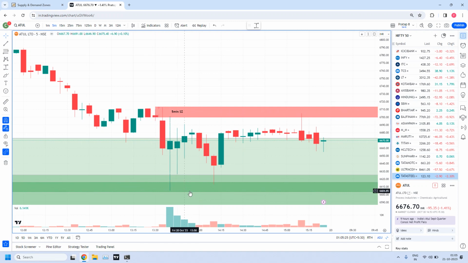Actually, this demand zone is a 5 minutes demand zone, because from a purely intraday and risk management point of view, we got a better intraday 5 minutes level. I found a good reward here within 5 minutes. That's why I fine tuned to the 5 minutes level, because this is purely an intraday trade.